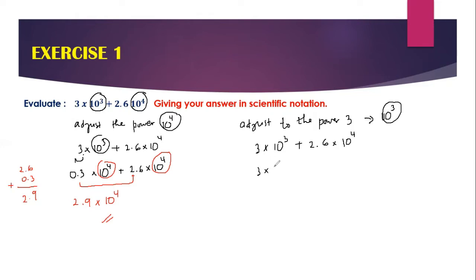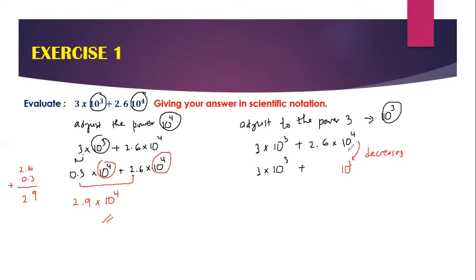3 times 10 to the power of 3 plus, but this one is still 4. We have to adjust, okay? We can write here 10 to the power of 3. So 4 to 3 is decreasing, right?